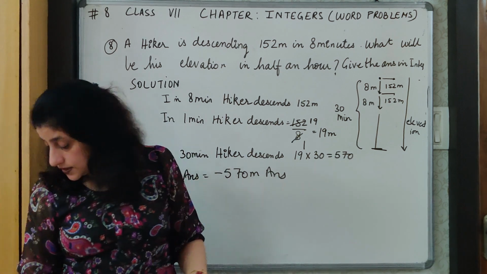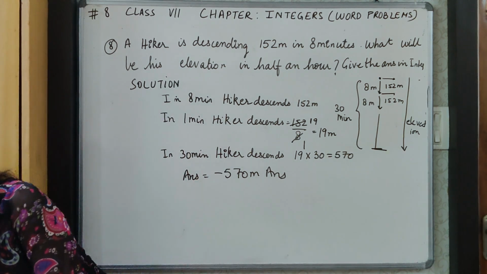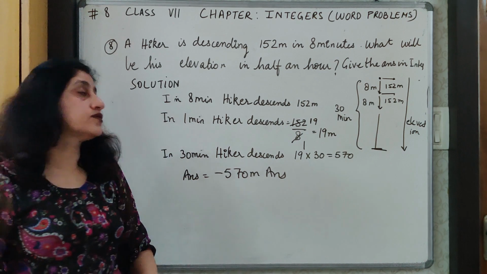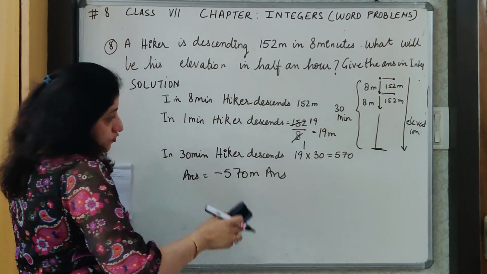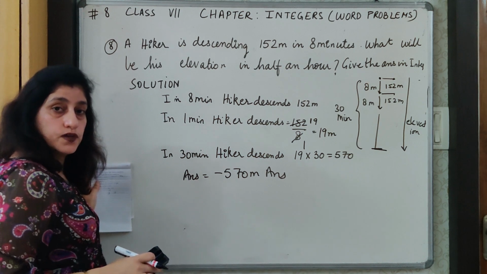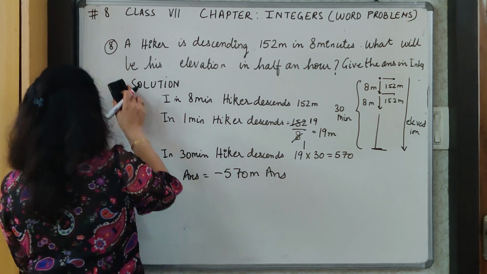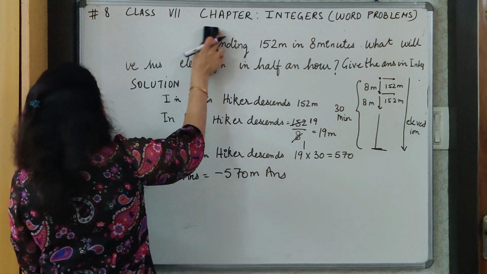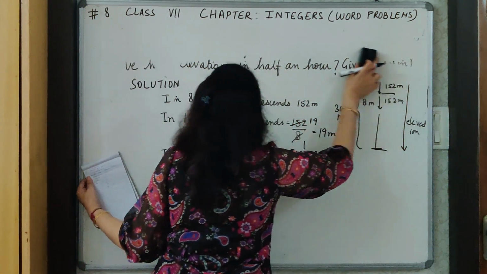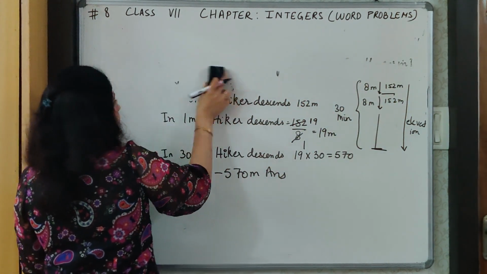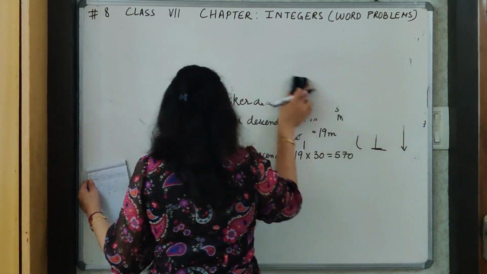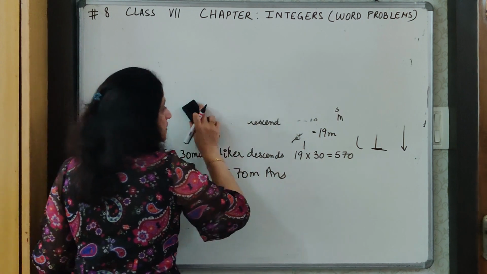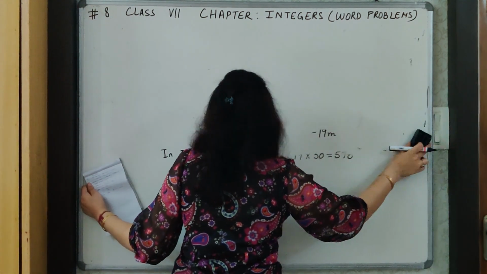Okay, is this clear? So one more, the last question we are going to take up for this word problem section. I hope this is clear to you, and let's proceed to the last question for this video. It is an interesting question where a student is getting marks in a test which has negative marking also.